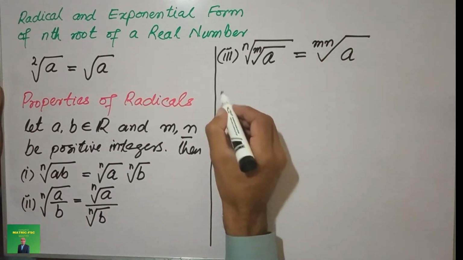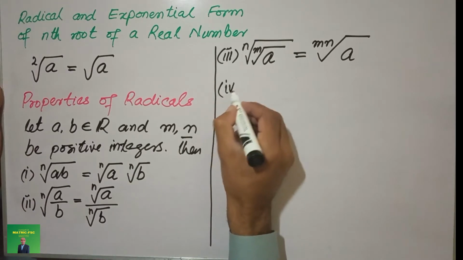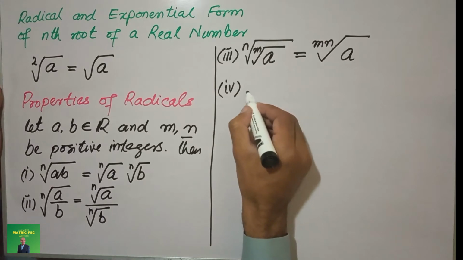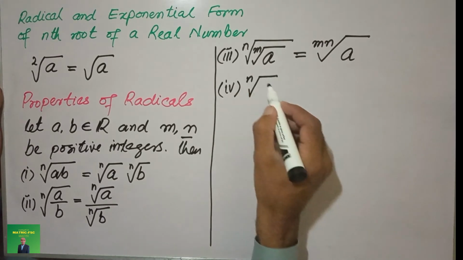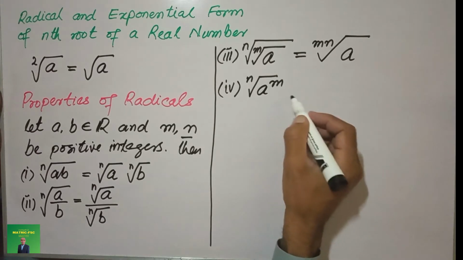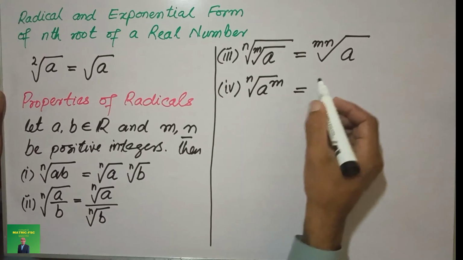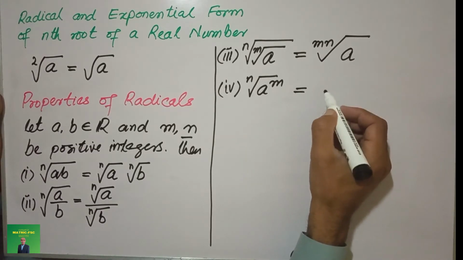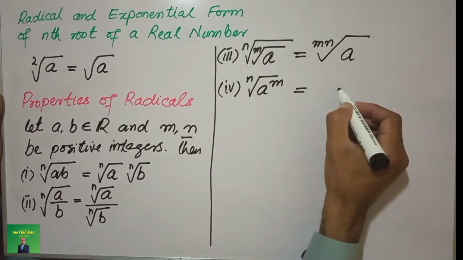Then we have the fourth property: the nth root of a power m is equal to the mth power of the nth root of a.